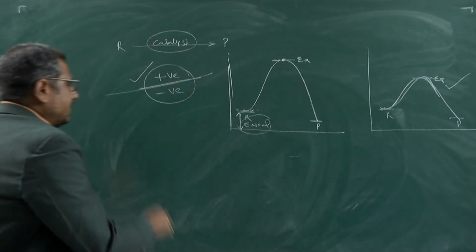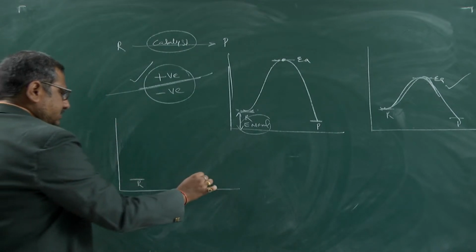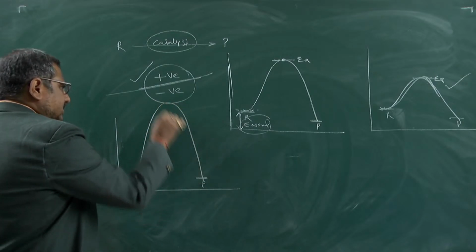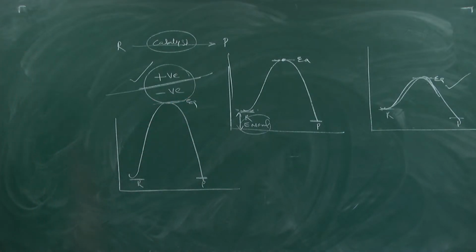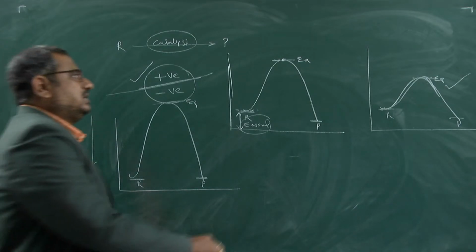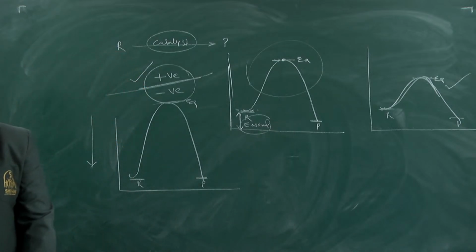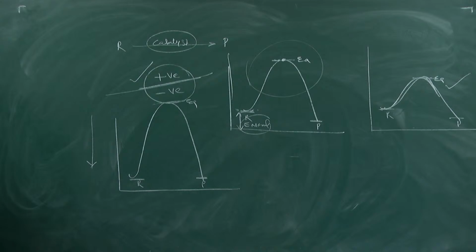In case you add negative catalyst, with reactants and products in this condition, the activation energy barrier will increase. When the activation energy barrier increases, the rate of reaction decreases. Generally, the reaction graph takes place like this for any reaction. After that, to enhance the rate of reaction, I am adding catalyst.